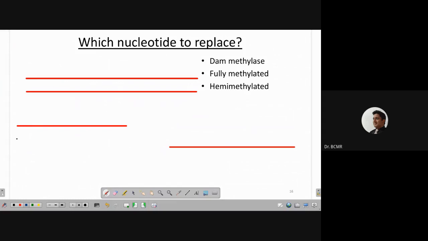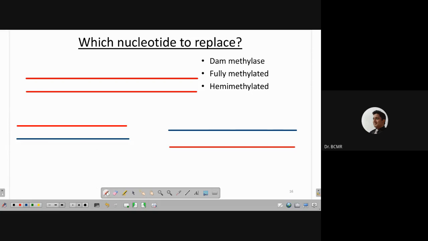So the blue ones that I'm drawing here are the newly synthesized strands. The red ones are the parent strands.